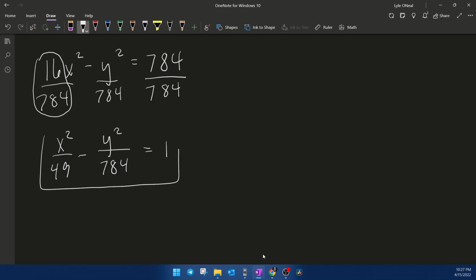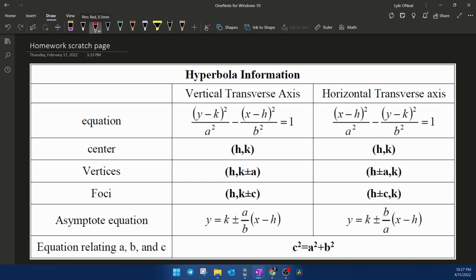And from here, we're going to go to our information sheet and we're going to start answering some questions. Now again, notice that there are two columns, and this column is based on the y squared being in front of the minus.